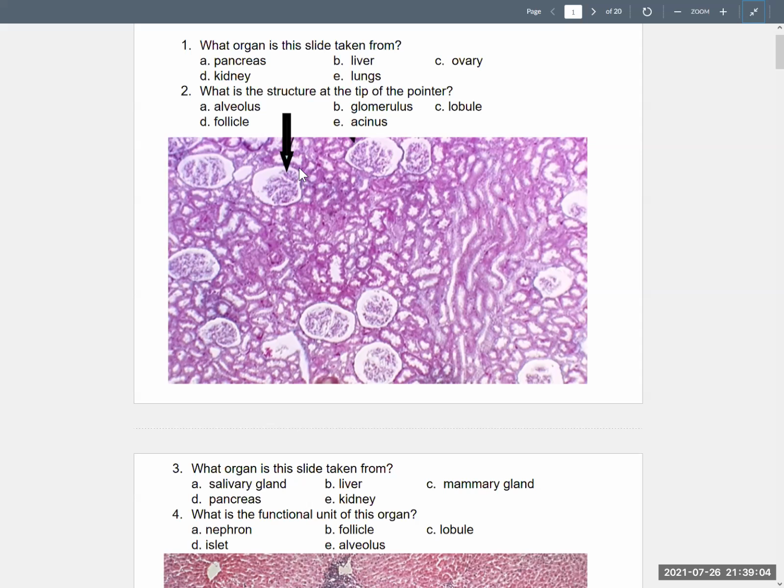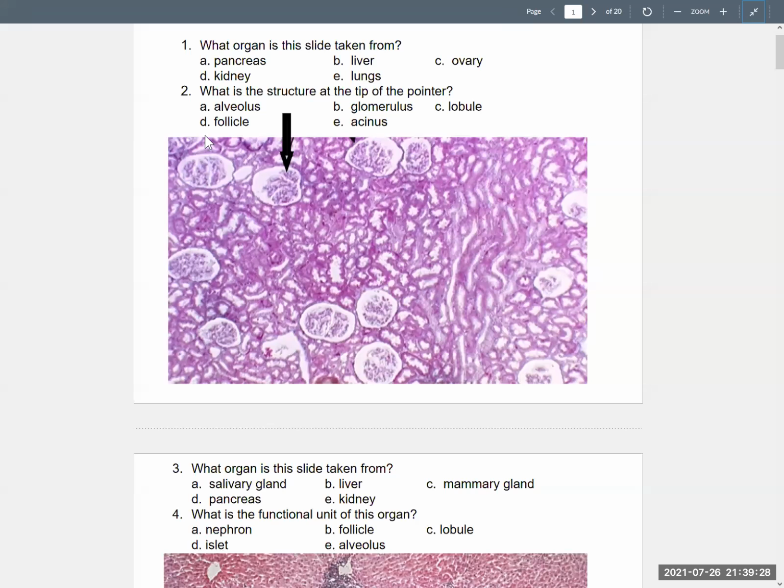These are Bowman's capsules. Bowman's capsule has within it a glomerulus. Okay, and surrounding are all the kidney tubules. What you need to know, first off on this slide, what organ are you looking at?